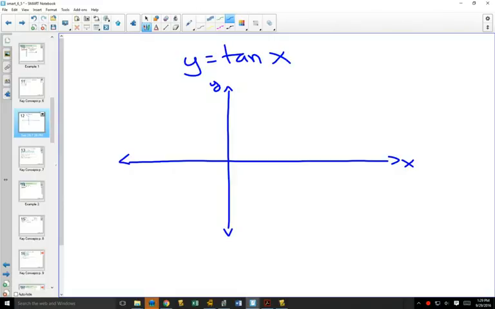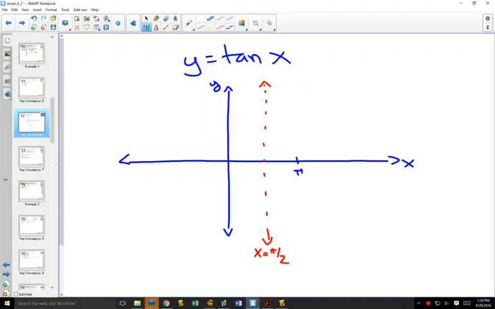For the graph of tan of x, what we notice if we look on our unit circle is that at pi over 2 and 3 pi over 2, what's tan? It's undefined. So the way that we show that on our tan graph is we draw asymptotes at pi over 2.